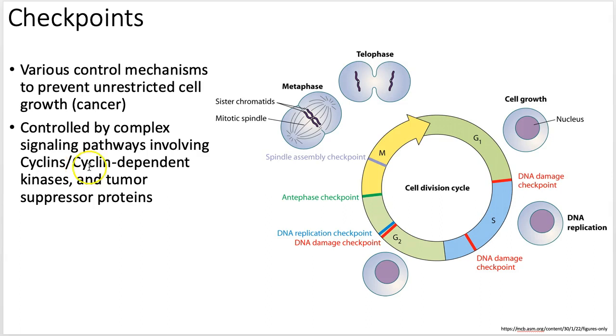So we're going to talk about that. And that's where we come up with cyclins and cyclin-dependent kinases. So the presence of cyclins and cyclin-dependent kinases is what allows us to proceed into each subsequent interphase step. Whereas tumor suppressor proteins are the opposite. They are going to hold you back and make sure that you're checking your DNA, making sure there's no DNA damage and things like that.